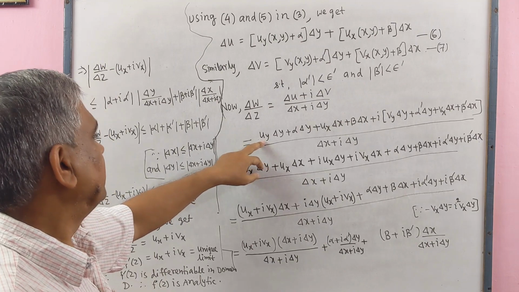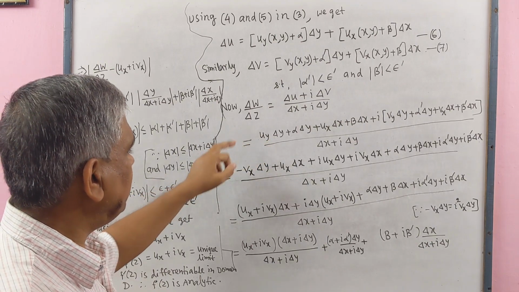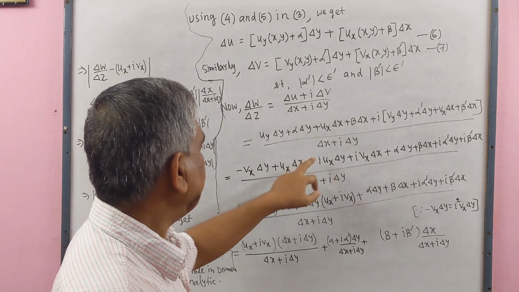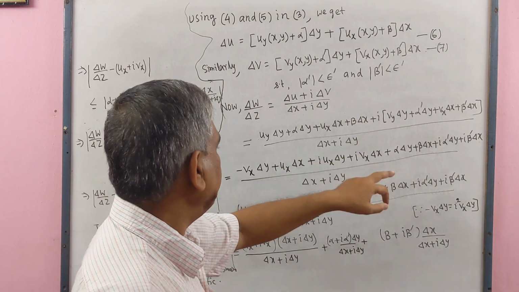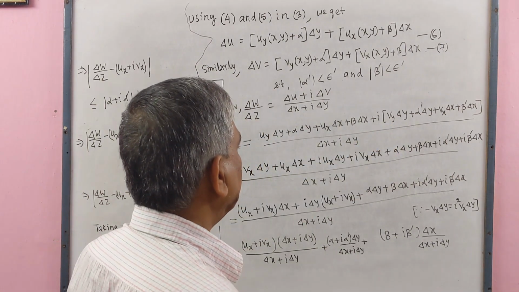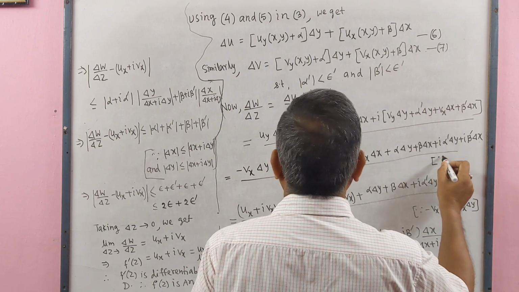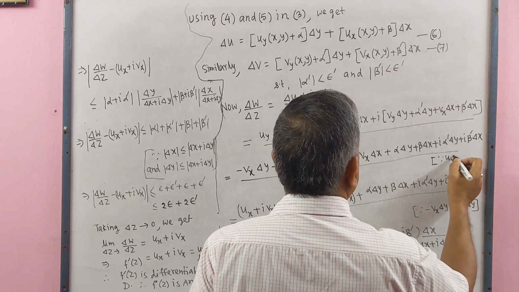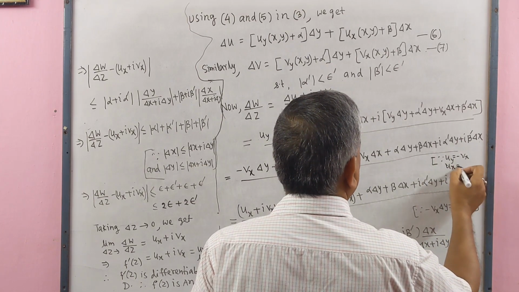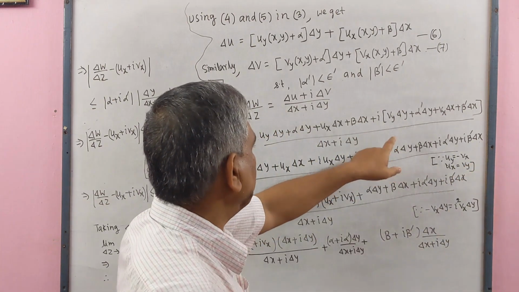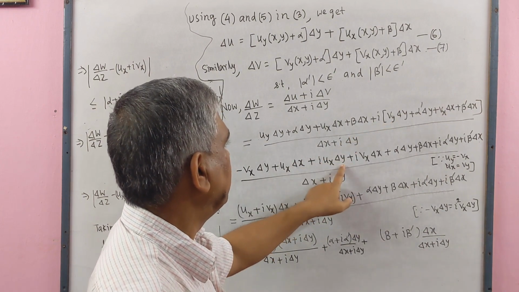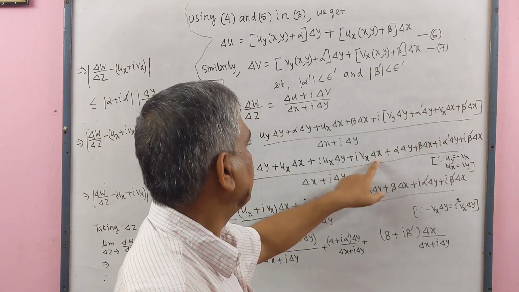Since uy, the partial derivative of u with respect to y, equals minus vx, and ux equals vy, in place of vy we write ux, i ux delta y, and here i vx delta x.